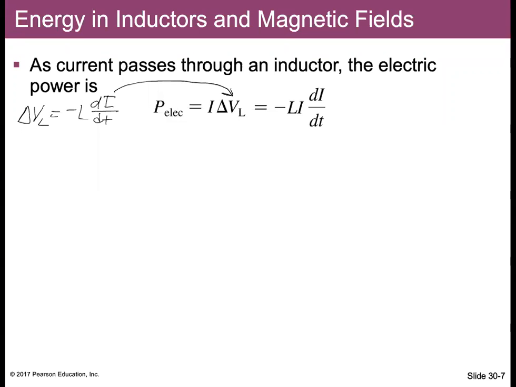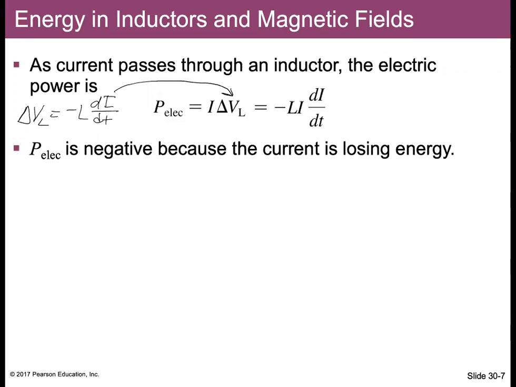So this tells us that the electric power is negative because the current is losing energy. So the current is losing energy, so the electric power is going to be negative.